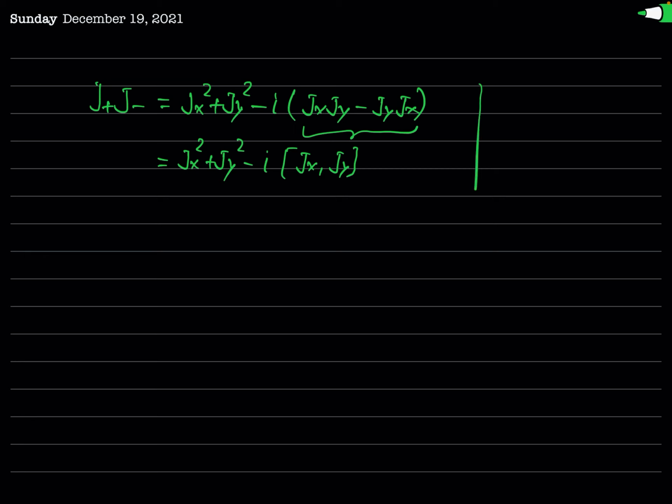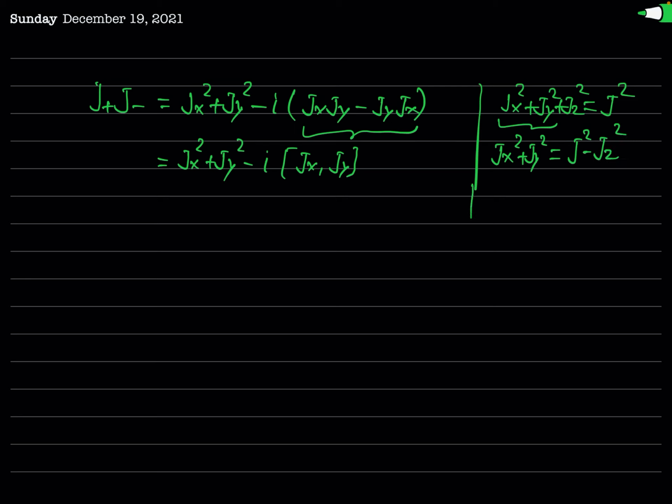But you know that this jx square plus jy square plus jz square, what is this? You know this is equal to j square, and therefore jx square plus jy square, what is this? This is j square minus jz square.